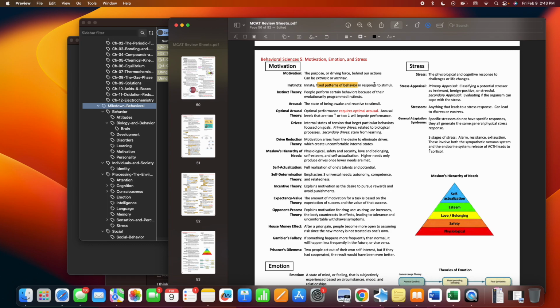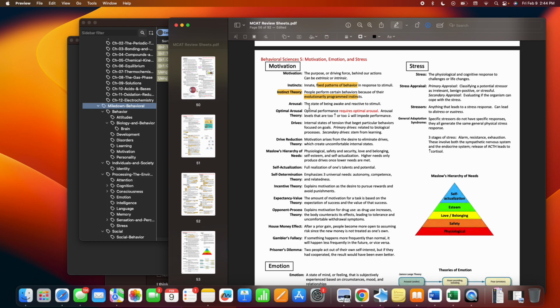Then we have instinct theory: people perform certain behaviors because of their evolutionarily programmed instincts. So the theory says that all humans perform certain fixed patterns of behavior because of their evolutionarily programmed instincts.